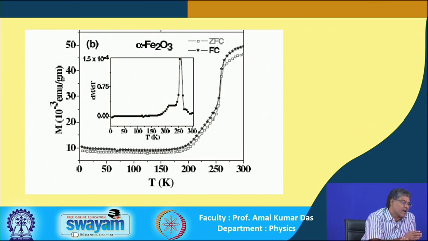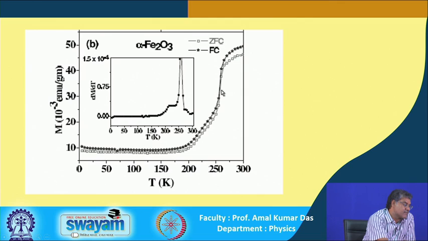That we can find out from the change of curvature of the curve. There is an inflection point where basically the curvature changes. Here you can see this is one curvature, and on the other side is another curvature.